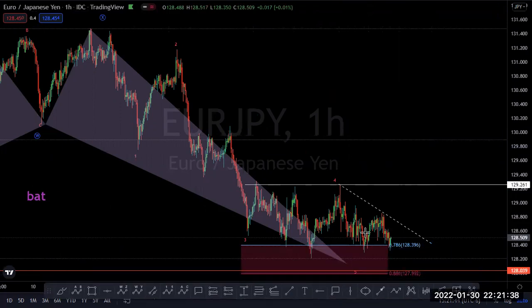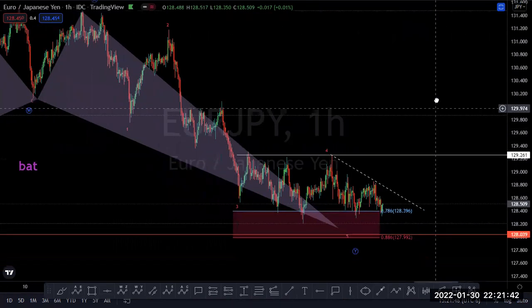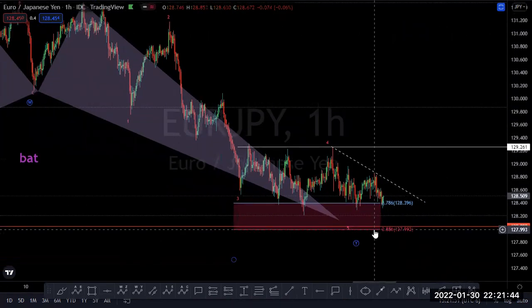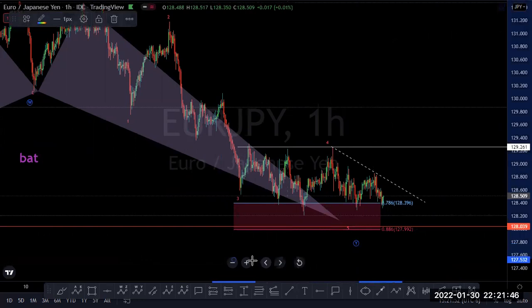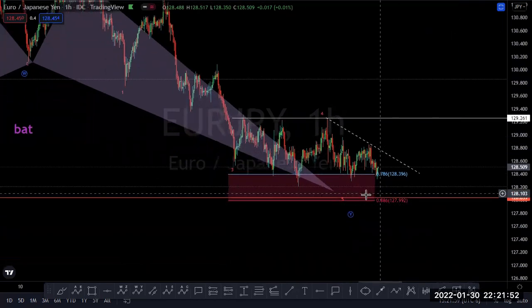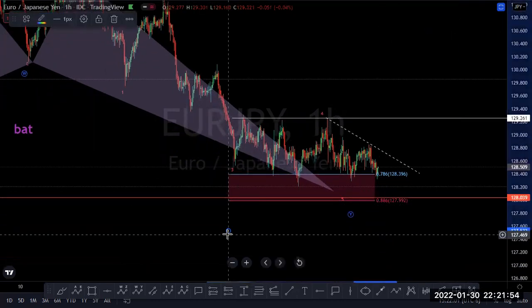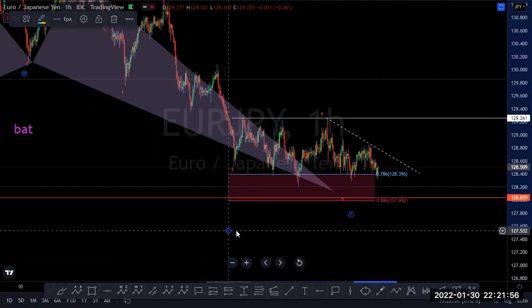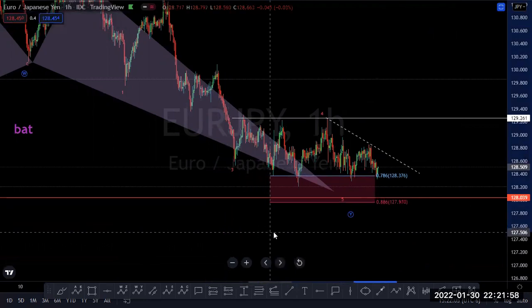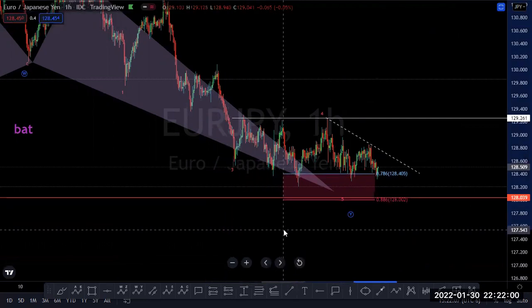Even if it drops below this target, yet not enough reason to sell. Okay, in my opinion, it's time to watch out for buy. That's my own view on it.